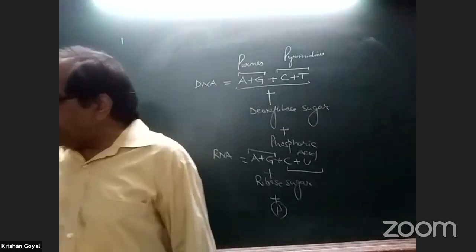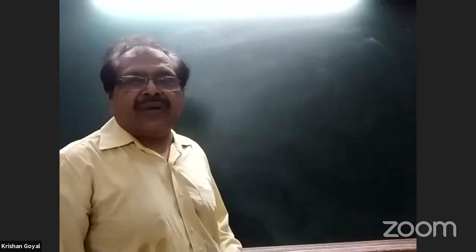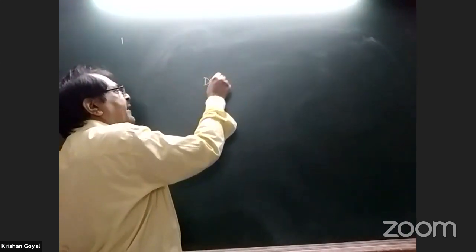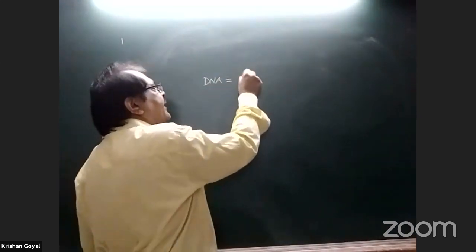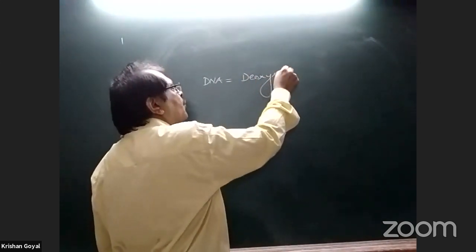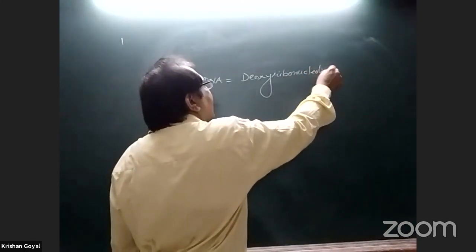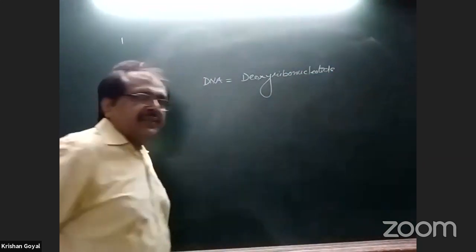Now we come to, in brief, the structure of the DNA. I have told you the composition of DNA, what is present in DNA. DNA is made up of deoxyribonucleotide units.